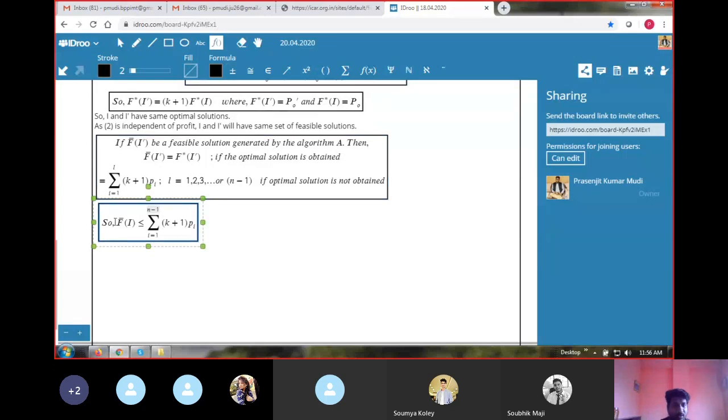But it is greater than or equal to the minimum value, which is i equal to 1 to 1, k plus 1 into pi, when the solution is not optimal. The maximum value is i equal to 1 to n minus 1 of this term.